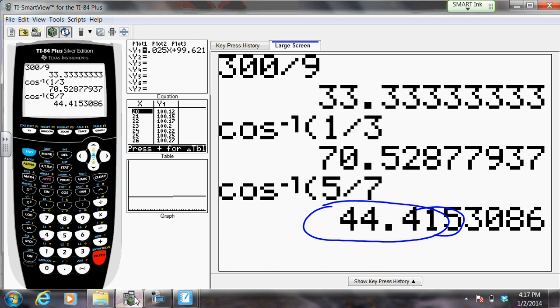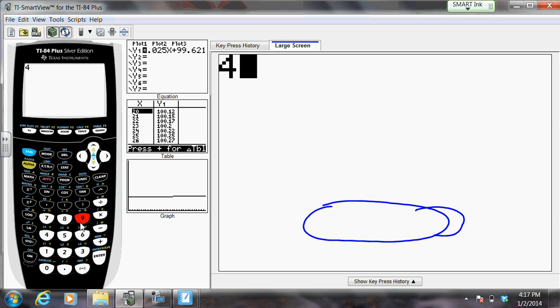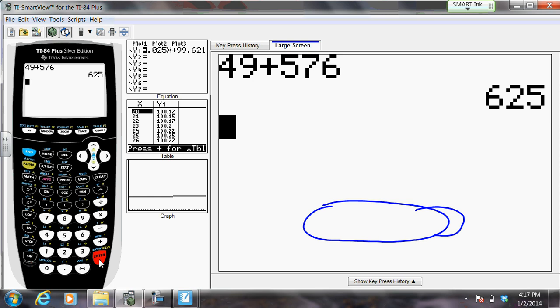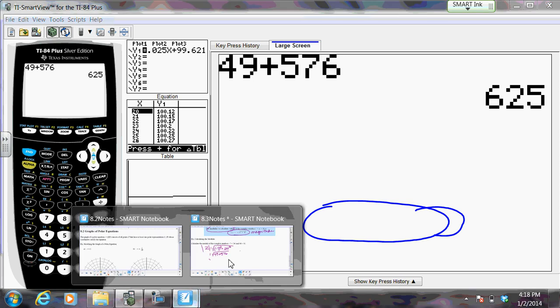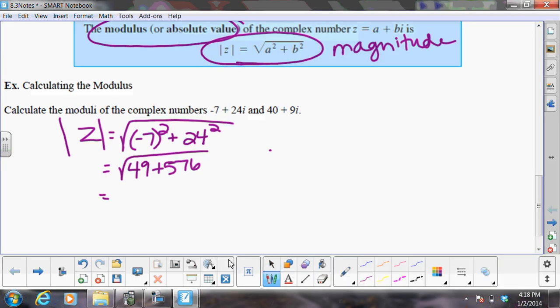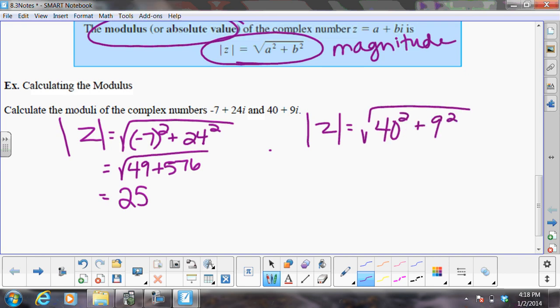Oh, pen down. 49, here we go, plus 576. Oh, so it's square root of 625, not 5. I have my paper, it says 5. I was a little off. So this is 25. For the second one, the modulus, magnitude, whatever you want to call it, 40 squared plus 9 squared. 1600 plus 81 gives us 1681, which is actually a perfect square of 41.